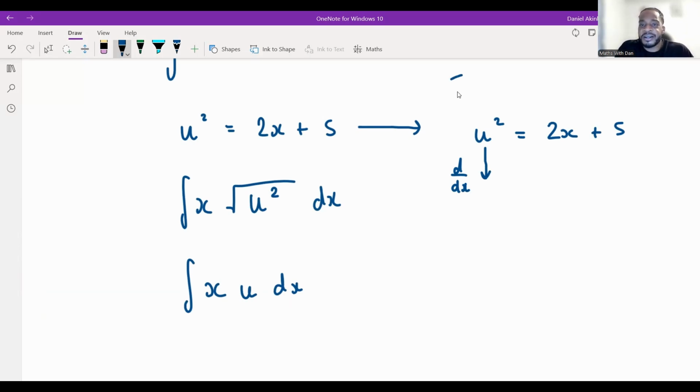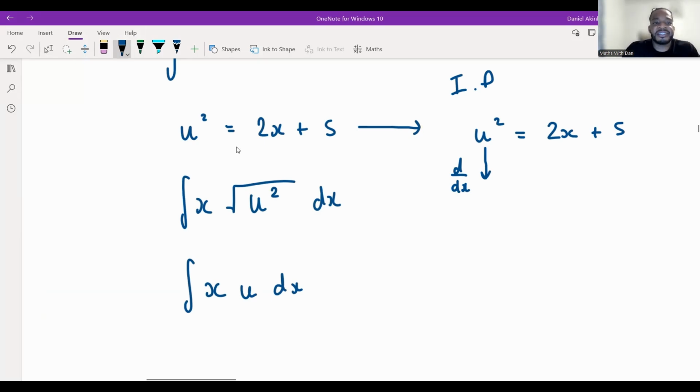The initials of the topic are ID. Anyone know what I'm talking about? Fantastic, Alfie. It's implicit differentiation. Have we all done that before? Anyone not done it? Okay, no worries. I'm going to do that in January.